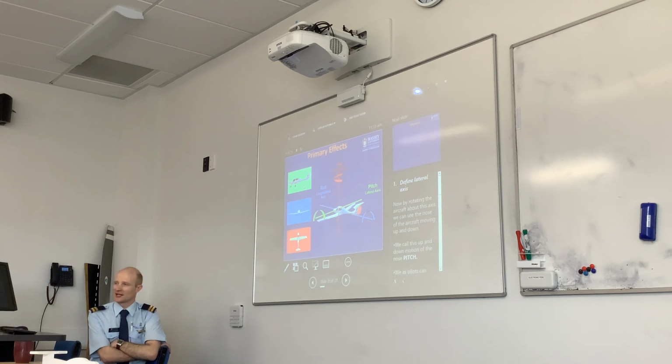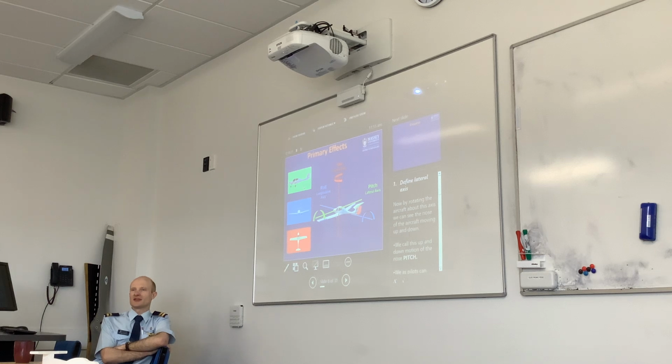So what I like to highlight either on this slide or one a little bit further along when you get to the control is the primary effect of using rudder is yaw. That's absolutely fine, but it is not its primary purpose. If you think about it, the primary purpose of rudder is to prevent yaw, isn't it? That's why you use it in a turn. You use it to prevent adverse yaw.